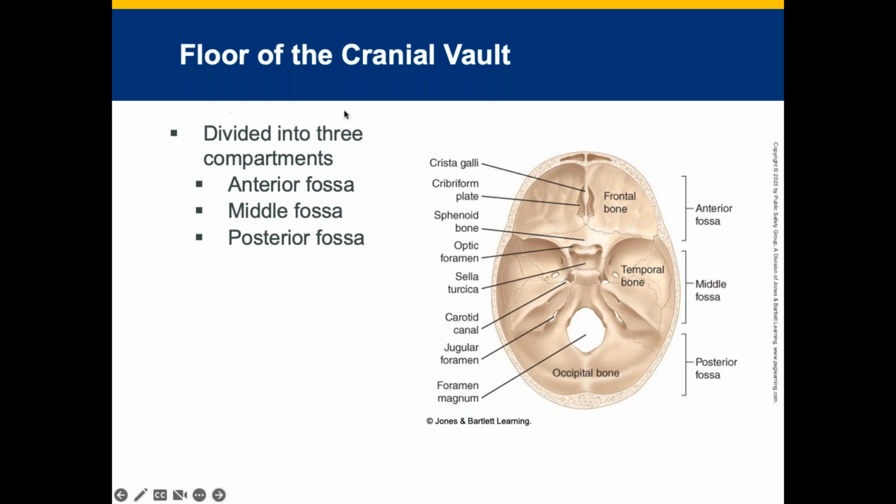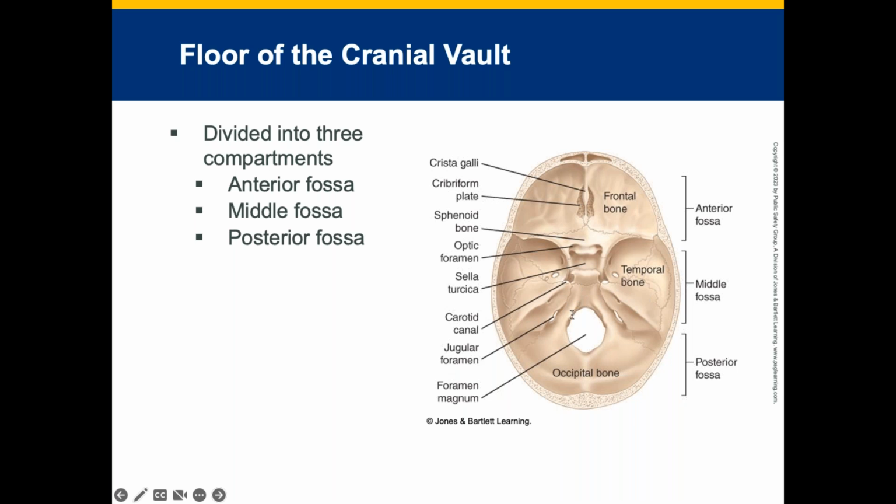So this is the floor of the cranial vault, which is divided into 3 components called the anterior fossa, middle fossa, and posterior fossa. Anterior being up front, posterior being up back, middle being middle, right? So the crista galli forms a prominent bony ridge in the center of the anterior fossa.